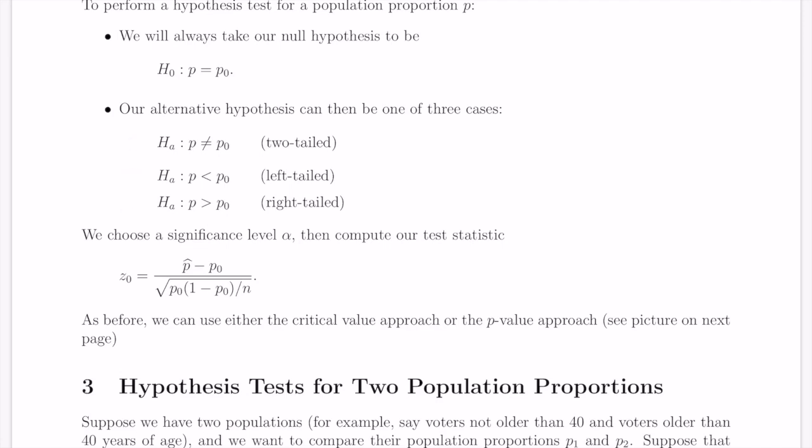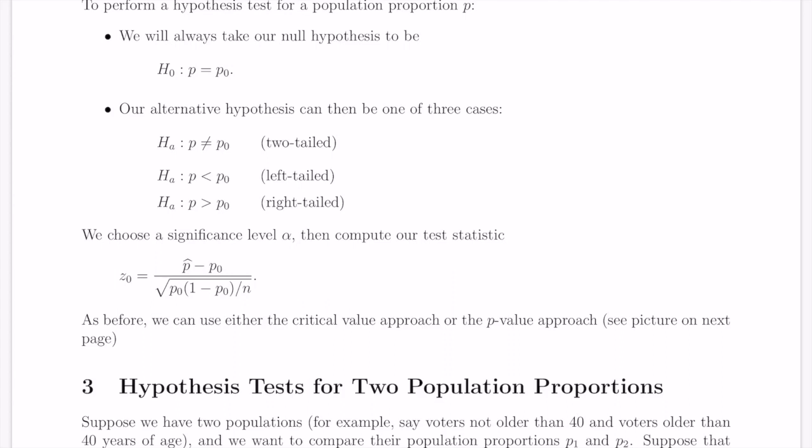And it turns out that once we have our significance level alpha, we can compute our test statistic, and the test statistic is this quantity, right? So we take p hat minus p naught, all over the square root of p naught times 1 minus p naught over n, all of that being underneath the square root. That's our test statistic. Once we have our test statistic, you can use the critical value approach or the p-value approach. The choice is yours. Whatever you prefer there is fine.